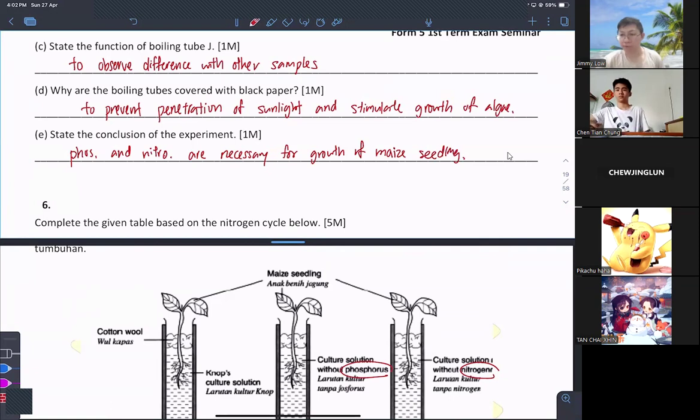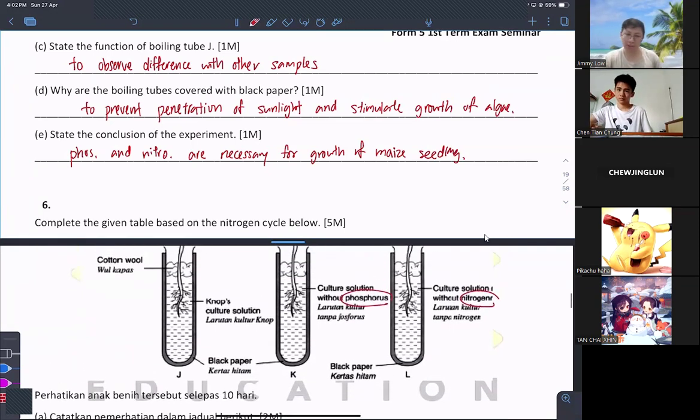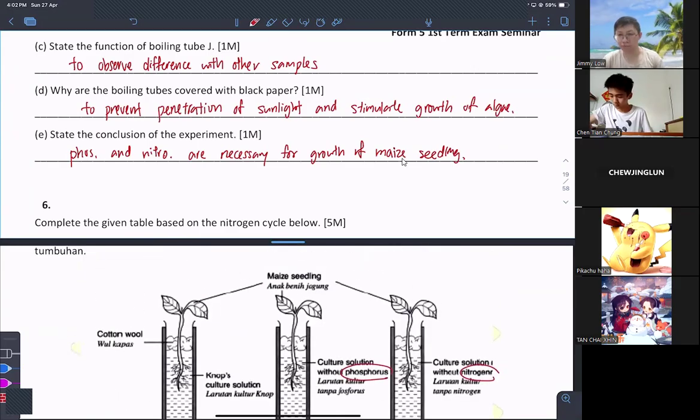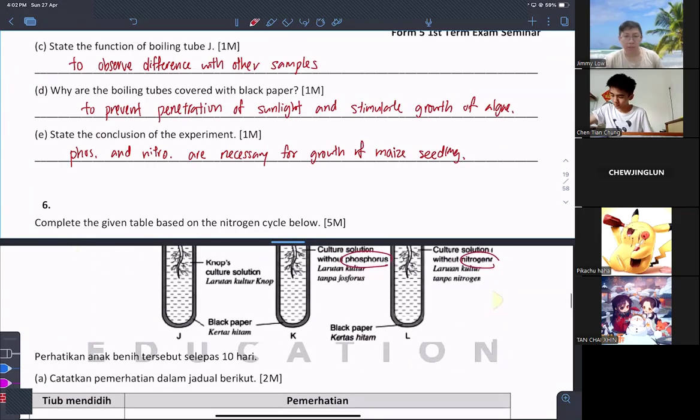You can go through in this way. Okay, so in BM lah, phosphorus dan nitrogen diperlukan untuk pertumbuhan anak benih jagung. Okay, you try to express your answer in this way.